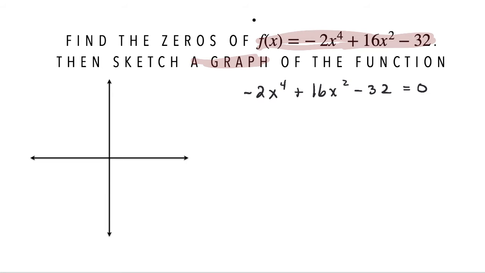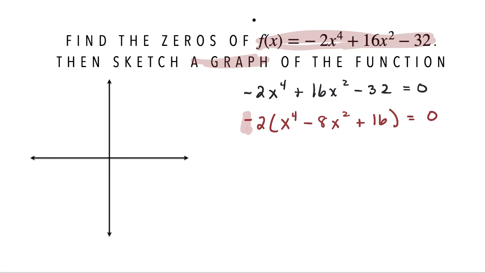And let's factor out our GCF. I'm going to go ahead and take a negative 2 out of this. That gives me x to the 4th minus 8x squared plus 16. Now in this case, and I could have done it on the last one, but the last one I also pulled out an x, if you recall.